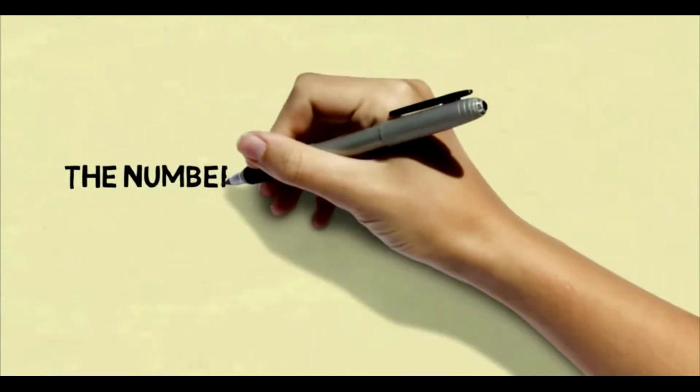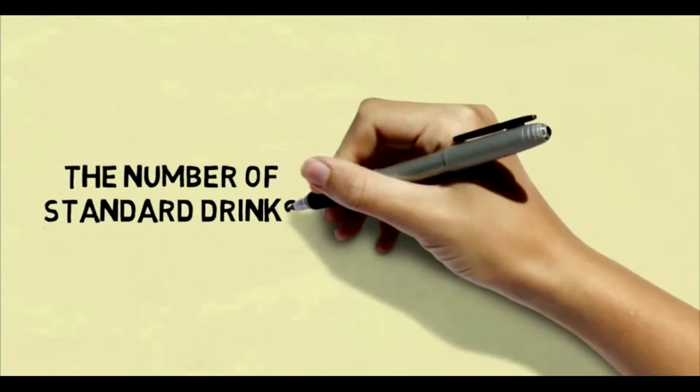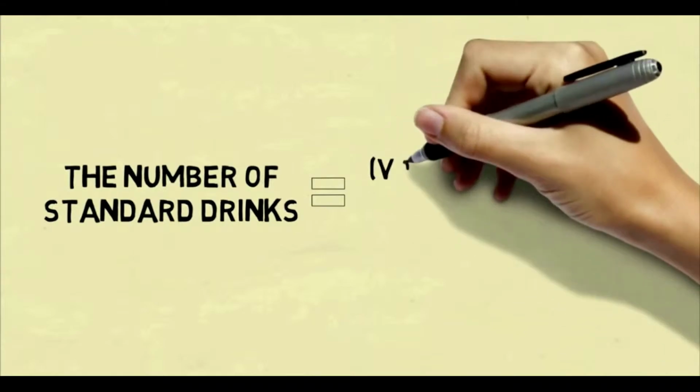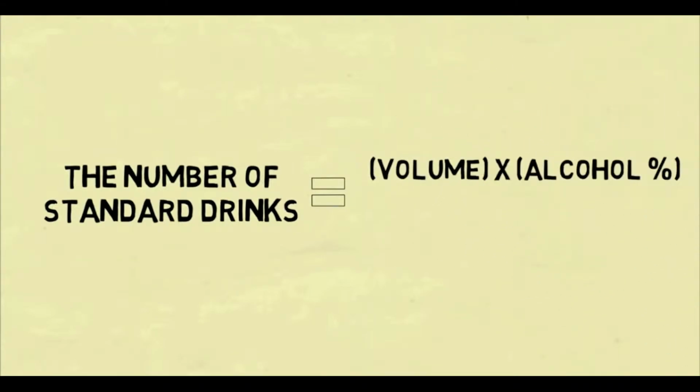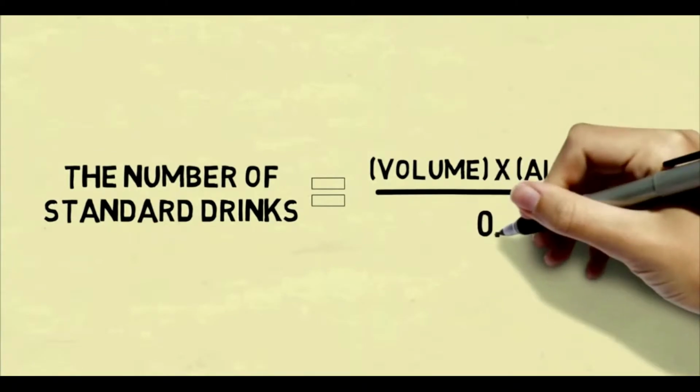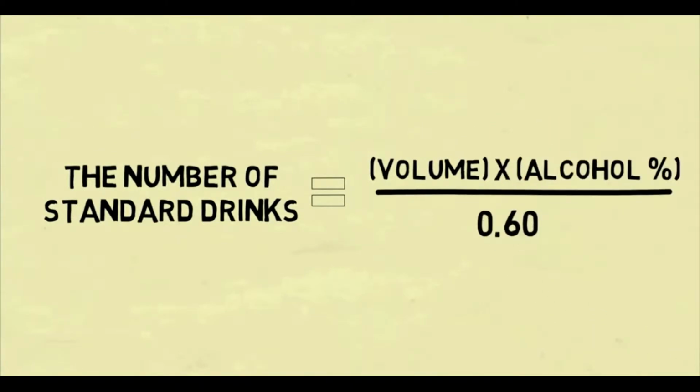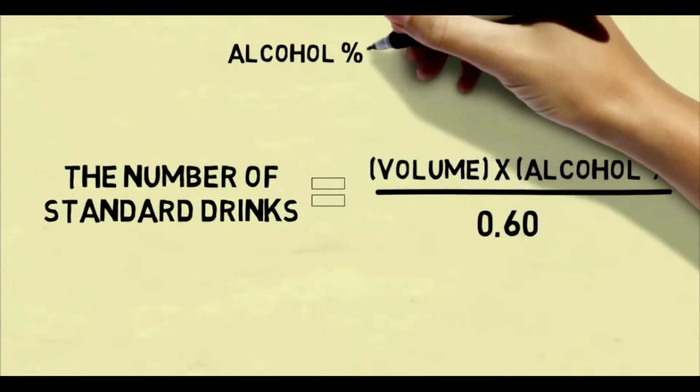So if you want to keep track of the number of drinks you're having in a night, you can follow this formula. The number of standard drinks will be equal to the volume times the alcohol percentage divided by 0.6. The numerator tells you how much alcohol is in your drink, and the denominator standardizes this to one drink equivalent.